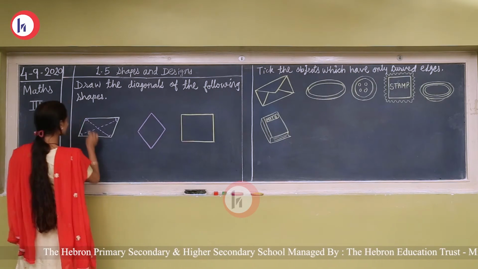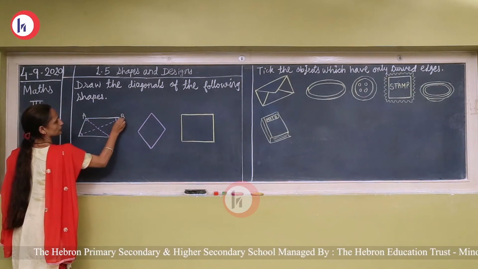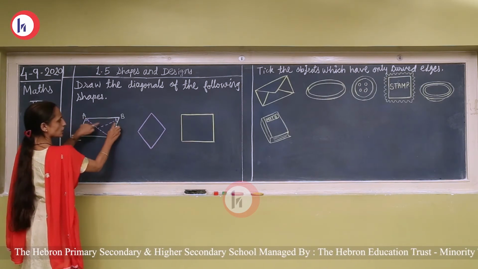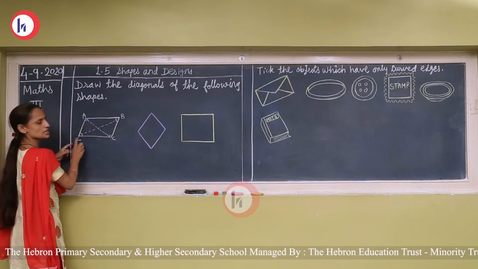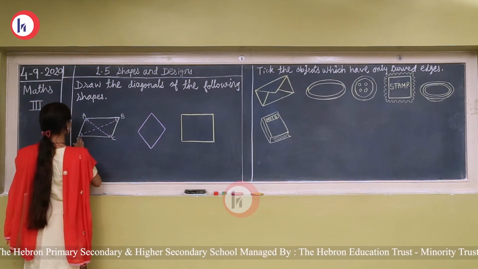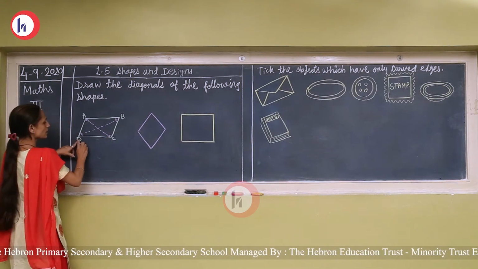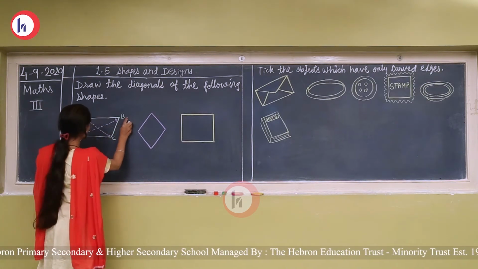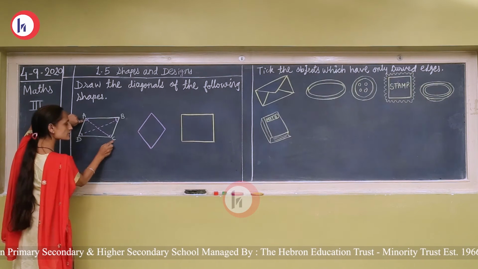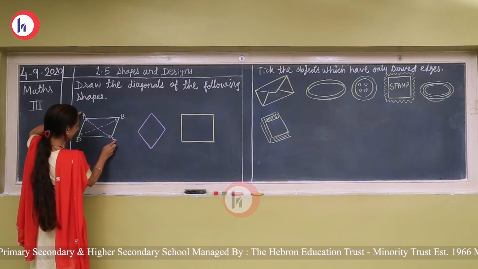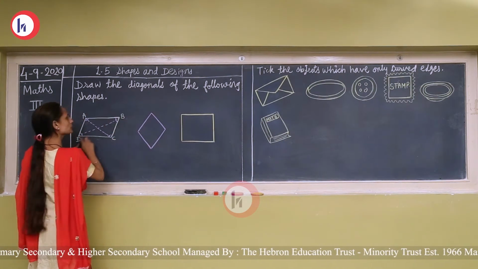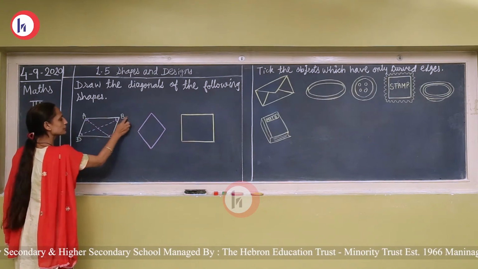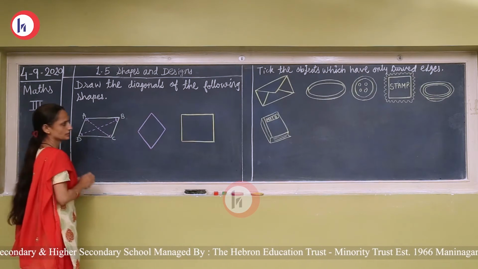Or we can give them a name, A, B, C, D. So, corner A, corner B, corner C, corner D. Means for corner B, the opposite corner is corner D, and for corner A, the opposite corner is corner C. Means AC and BD both are called diagonals of rectangle ABCD.